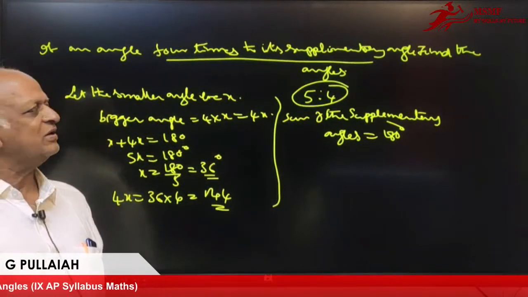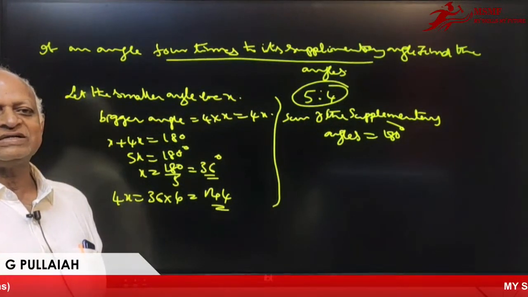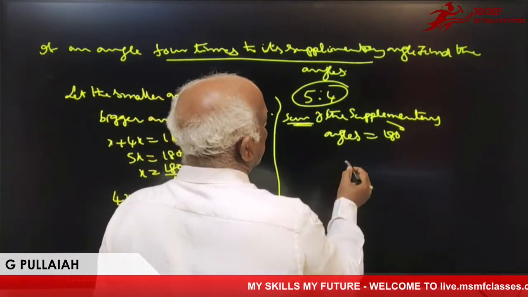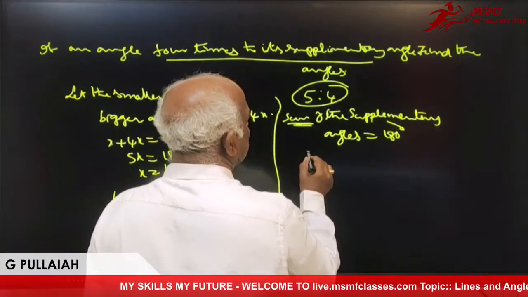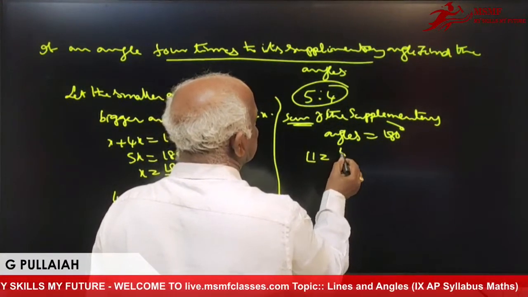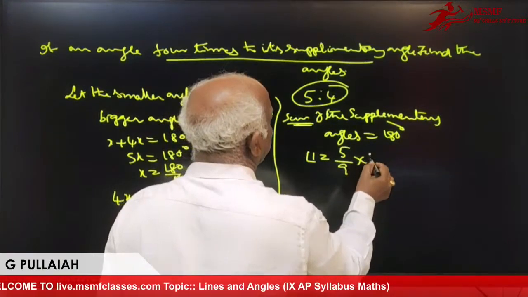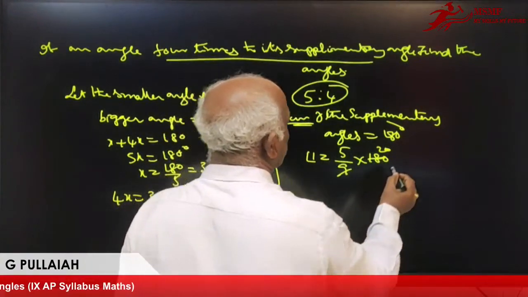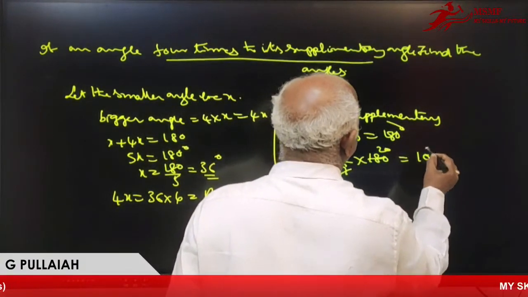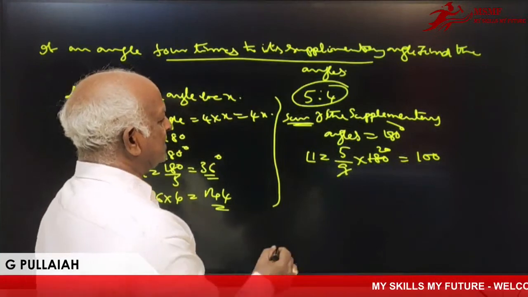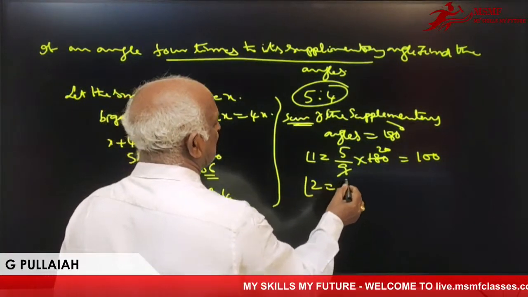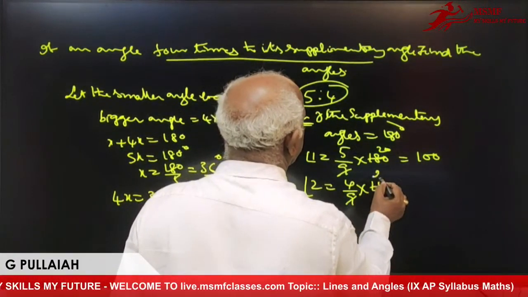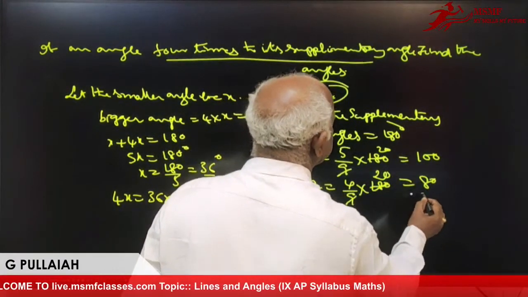I mean, one angle has 5 parts, the other angle has 4 parts. Because the sum of the angles is given, angle 1 is nothing but 5 by 9 into 180, nothing but 100 degrees. Angle 2 is 4 by 9 into 180.